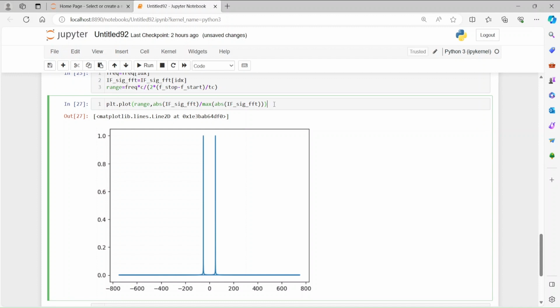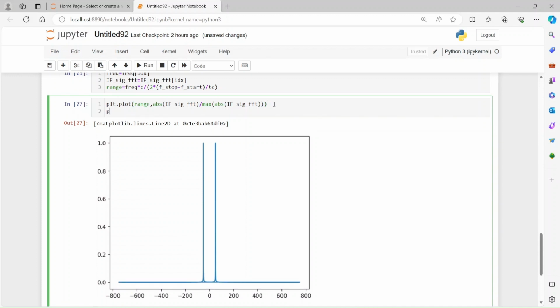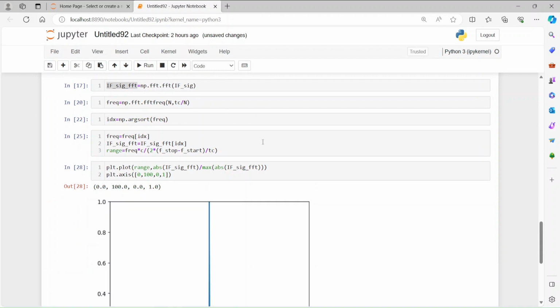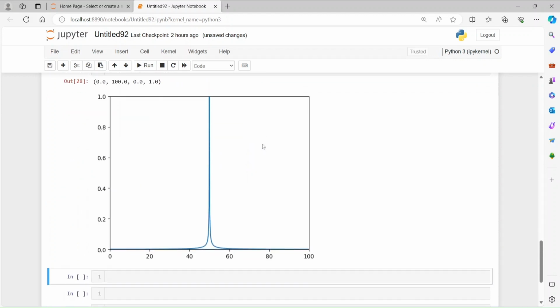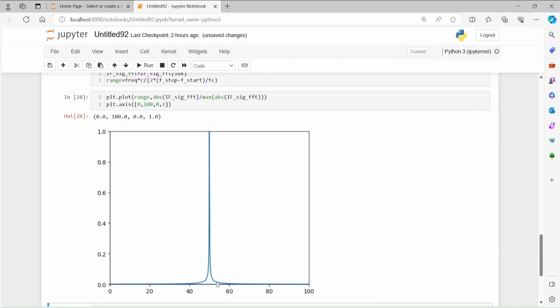I can zoom in a bit with plt.axis and focus from 0 to 100, with the y-axis from 0 to 1. Let's run it. You can see the peak is right at 50.